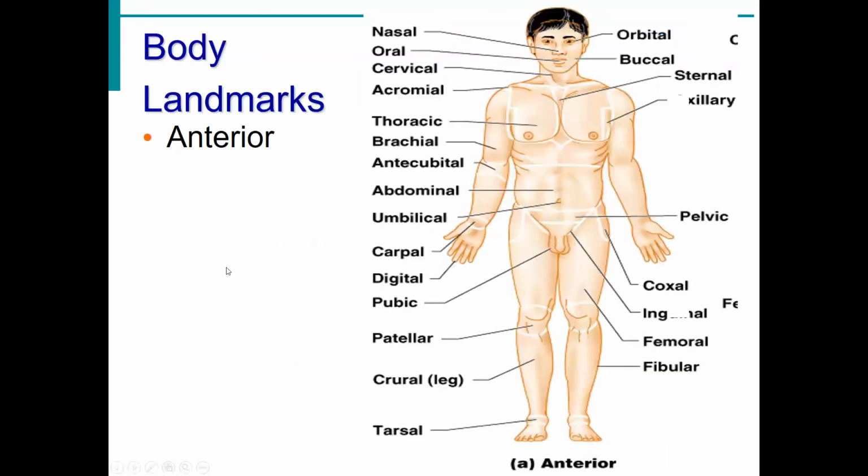All right, so let's look at some landmarks. We've got some body landmarks at the anterior. Remember we said anterior means the front, okay? We've got the nasal, our nose, we've got the oral cavity. We've got the thoracic region. We've got so many anatomical structures that are anterior. They're on the front, okay?